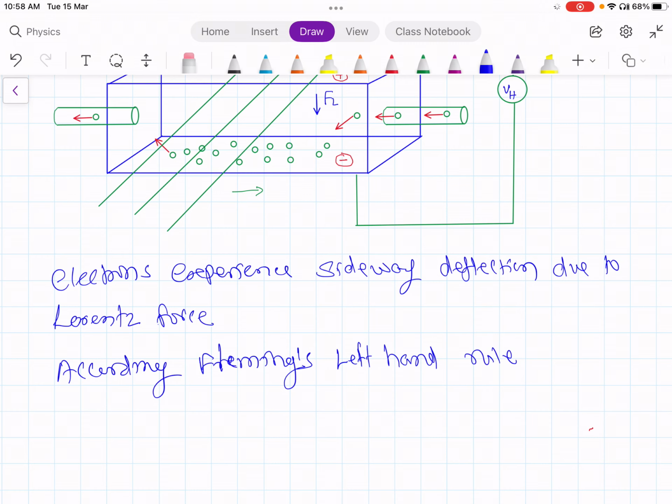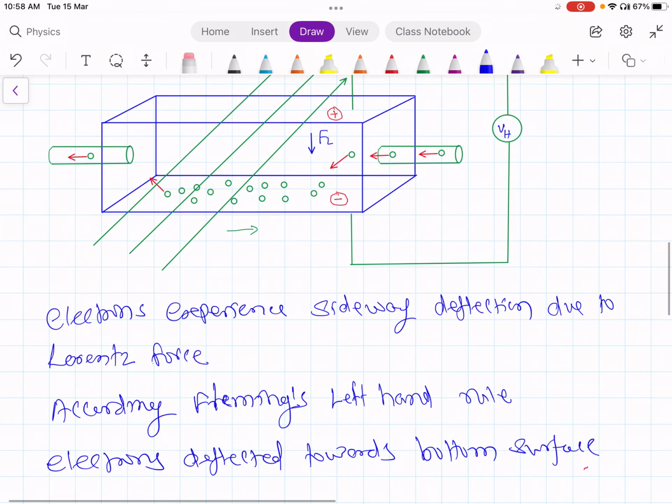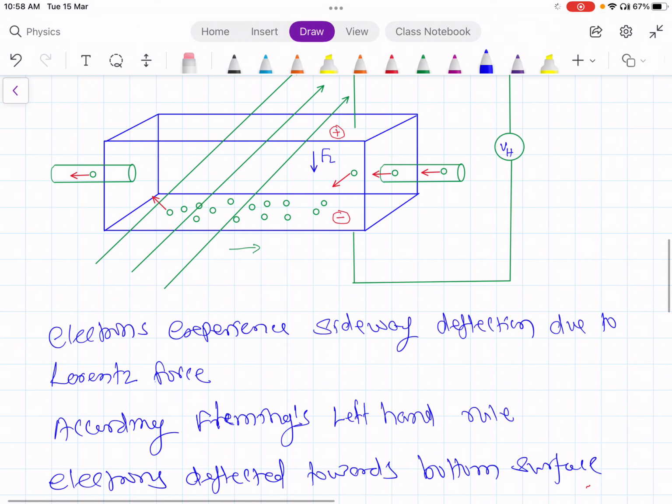According to Fleming's left hand rule, the direction of Lorentz force is from top surface to bottom surface, and so the electrons are deflected towards the bottom surface.